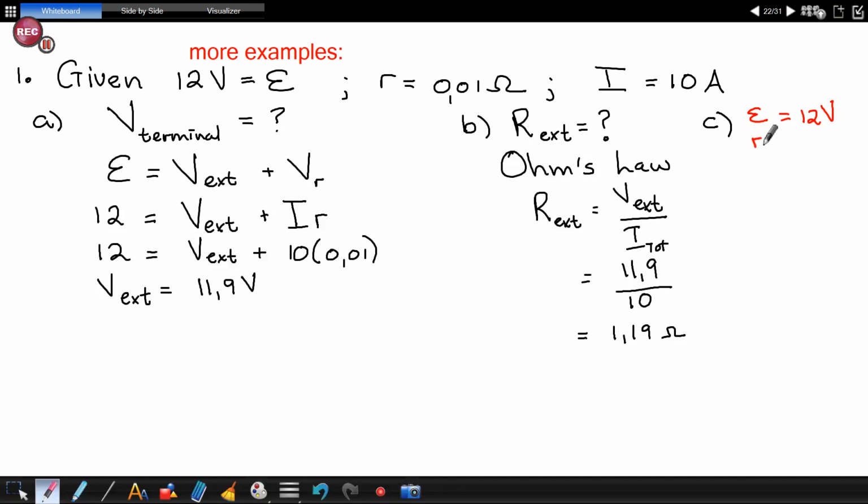And the internal resistance stays 0.01 ohms. Now they tell you the current has changed to 100 amperes. Calculate the V external. That's what you have to do here. I'm sure you'll be able to cope with this now.